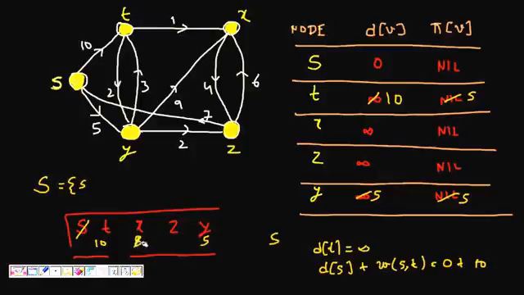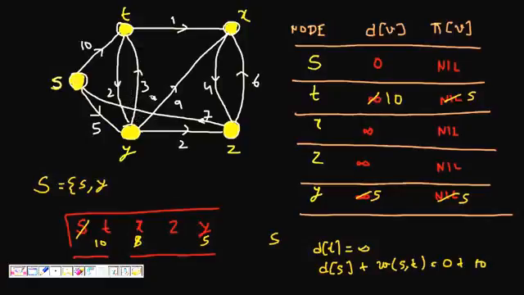Because it's a greedy algorithm, we want to proceed to the next node which has the minimum distance, so that when we explore this part, du plus wuv, du is minimum, so 5, so y is taken out. Now from y we try to explore.